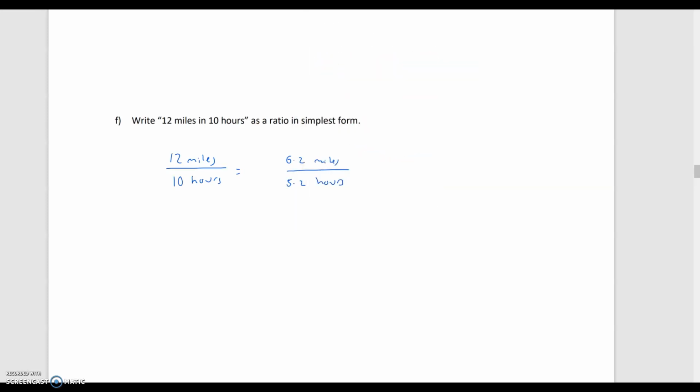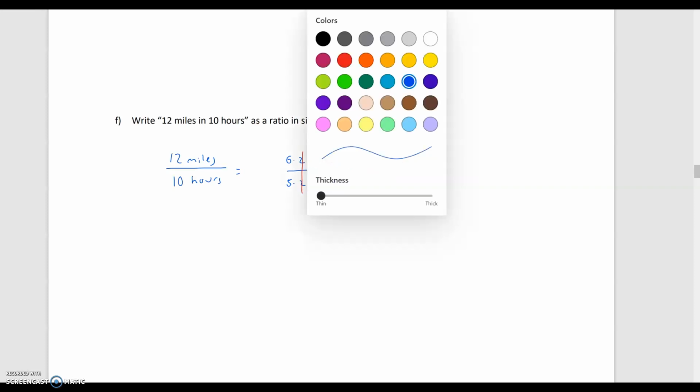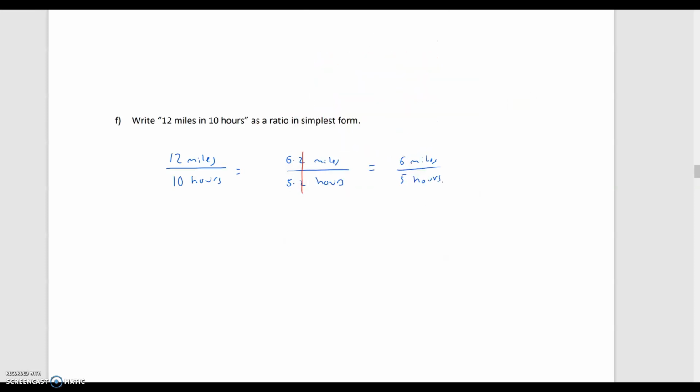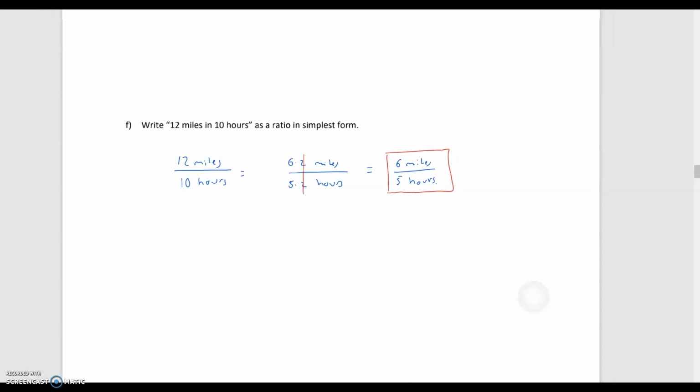We can cancel the 2's and end up with the values of 6 miles per 5 hours. I'm going to leave it like this just because of the possible comparison of the units. In this case, 6 miles per 5 hours. That's actually it for the ratio in simplest form.